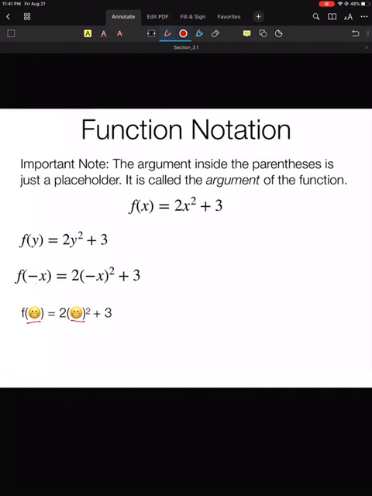Whatever goes inside the parentheses is going to go where whatever used to be inside the parentheses was on the right-hand side. So the smiley face goes in where the x used to go in. Hopefully that makes sense, and it won't lead to too much confusion. Hopefully it'll actually relieve some confusion.